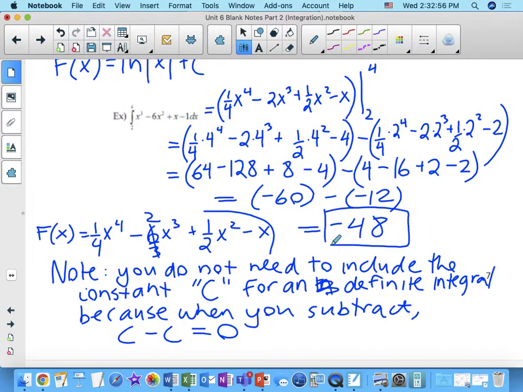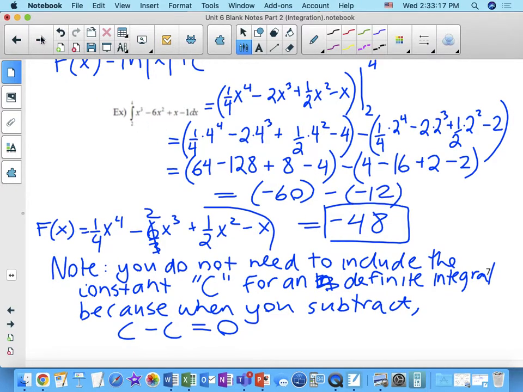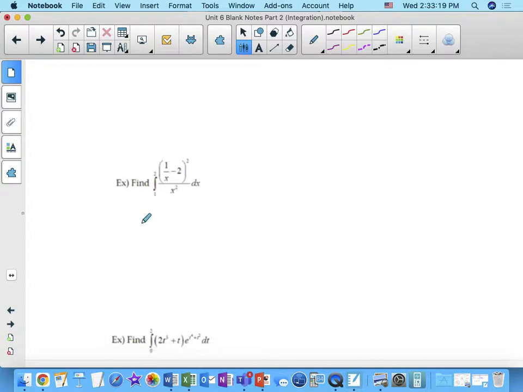Definite integrals can be negative, but if the question says determine the area bound by this curve and the x-axis from this x value to this x value, that must be positive. And we'll talk about how to deal with that again tomorrow. I know that you guys are all dying from the suspense, but you'll survive.